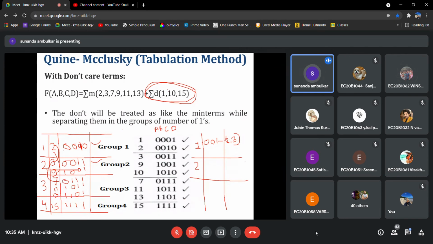You don't need to take this 10, because in this particular example I have considered a don't care condition. 10 and 15 will also be part of this. But if you want to practice, you don't need to, because you don't know how to use don't care yet. Let me explain how to do the don't care condition. Then you will come to know. We'll take one example.